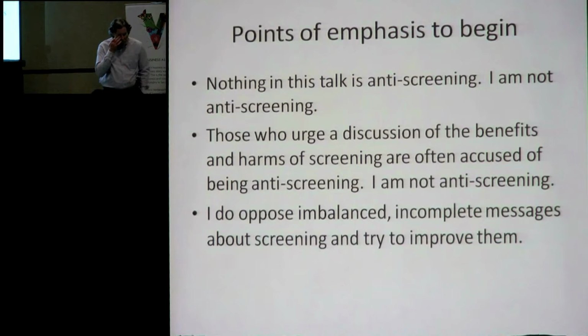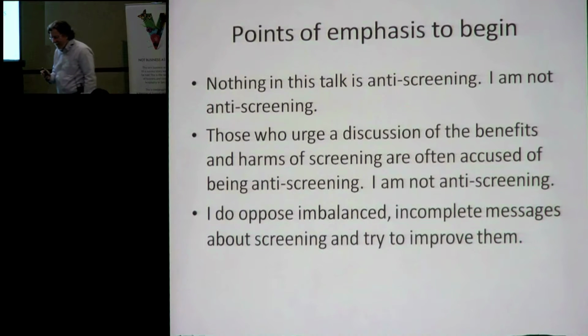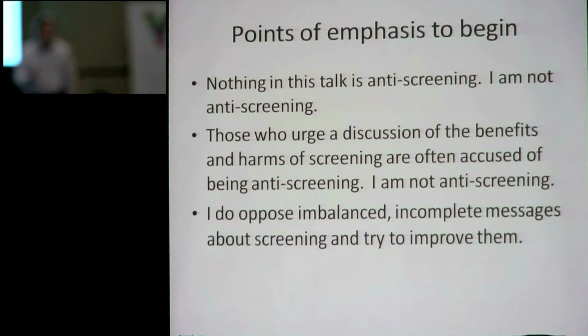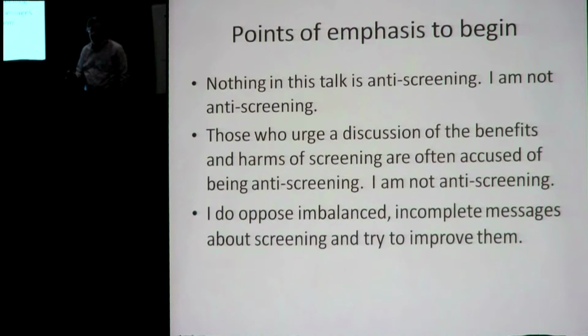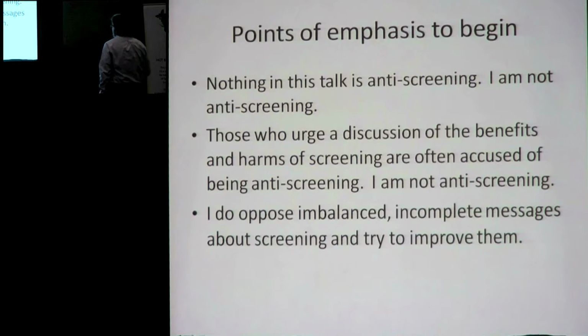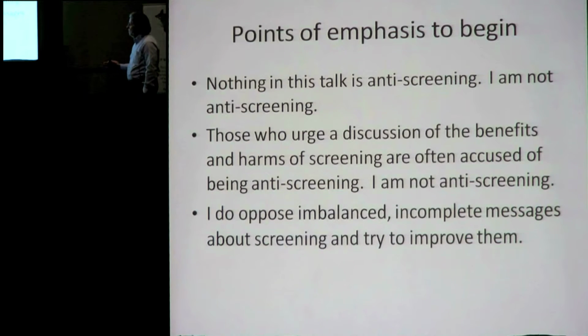This is my disclaimer slide. I want to be very clear on this, that nothing that I'm about to say is anti-screening. I am not anti-screening. It's interesting, though, that those who even urge a discussion of the benefits and harms of screening are often accused of being anti-screening. So let me repeat again. I am not anti-screening. I do oppose imbalanced, incomplete messages about screening, and I try to improve them.